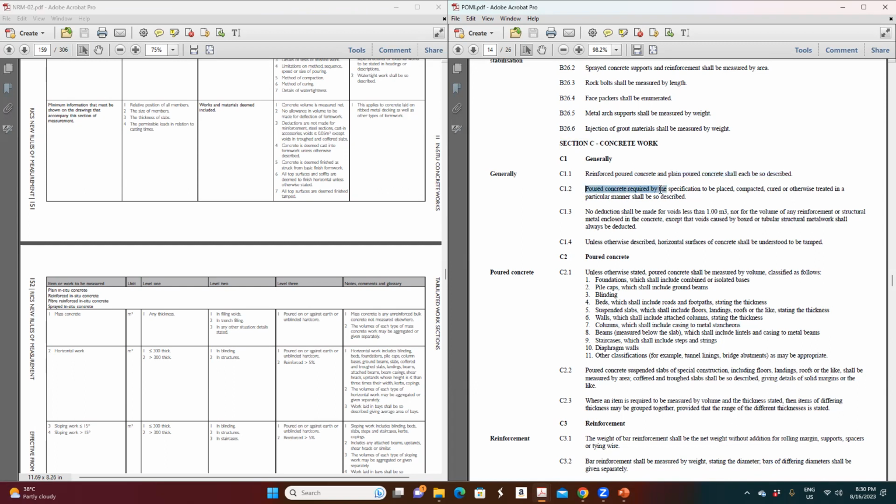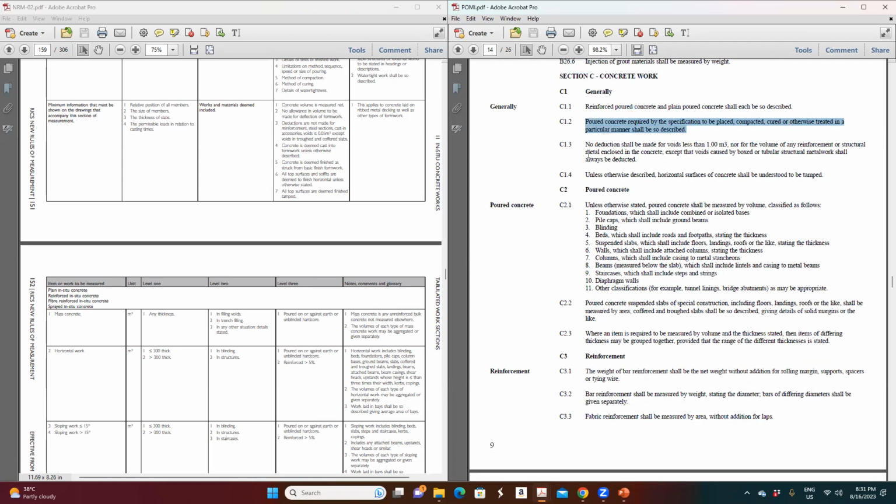Poured concrete is required to be specified as to how it is placed, compacted, cured, and otherwise. All this they said you have to mention in your BOQ description: how it is placed, how it is compacted, and what the curing or other treatment is. No deduction shall be made for voids less than 1 cubic meter.